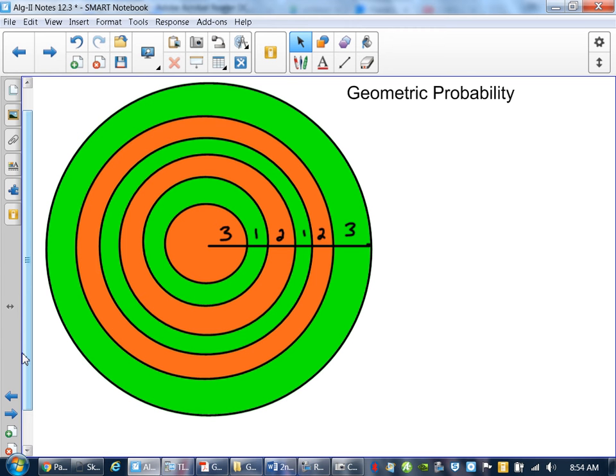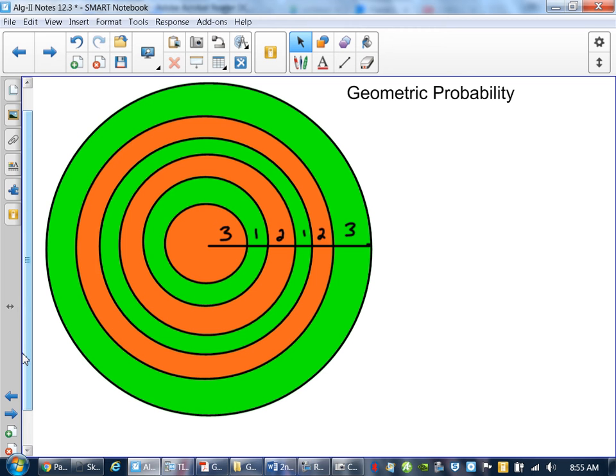Geometric probability is basically working with areas. Geometric probability is: find the area of the favorable region divided by the total area of the object. Okay?